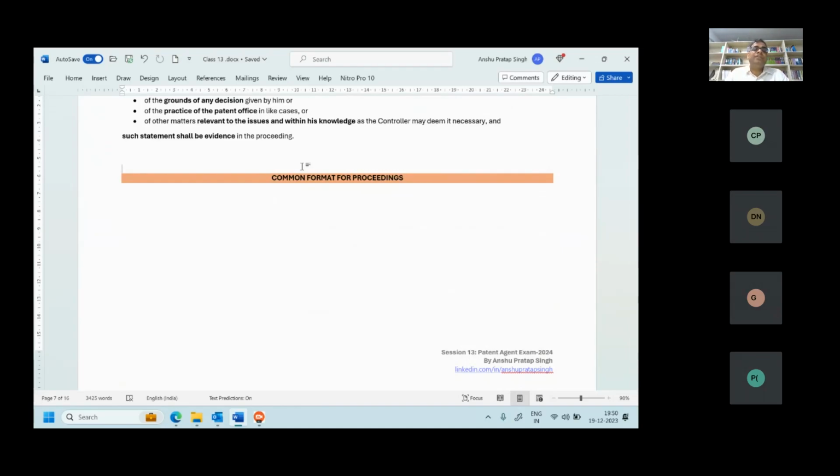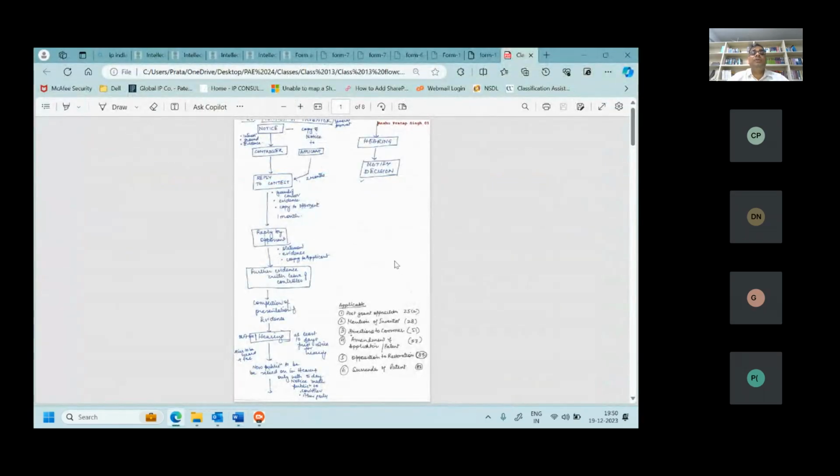Now, we have discussed the common format for proceedings. Common format for proceedings were nothing but this simple thing. I'm just repeating it. If you are opposing anything, you give a notice to the controller. Interest, ground, and evidence is given. You give a notice to the applicant whom you are opposing. Within 2 months, the applicant in general gives a reply to that and contests it.